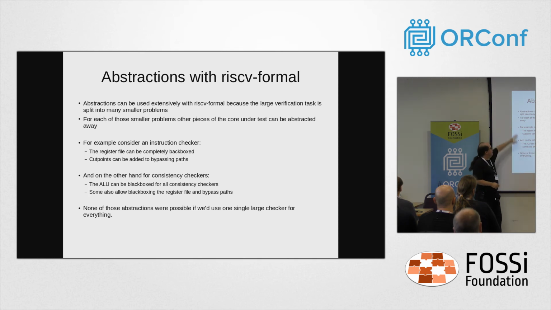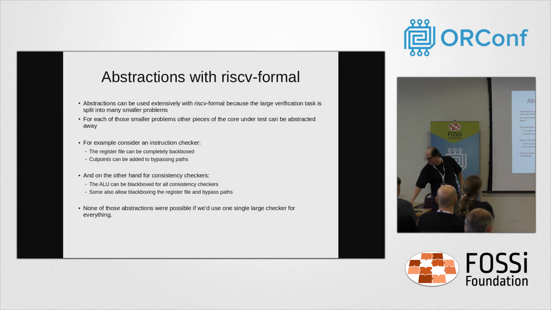And you can see, if I would have one large proof for everything that makes up the riscv-formal specification, I couldn't black box anything, because hopefully everything in your core is actually important to implement the desired behavior of the core. But because I've split it down into these small individual proofs, in each of those proofs there are some things that I can black box and make the proof much, much easier.